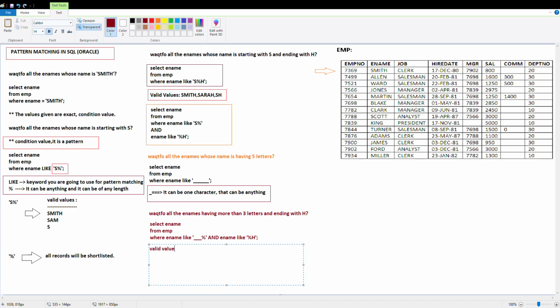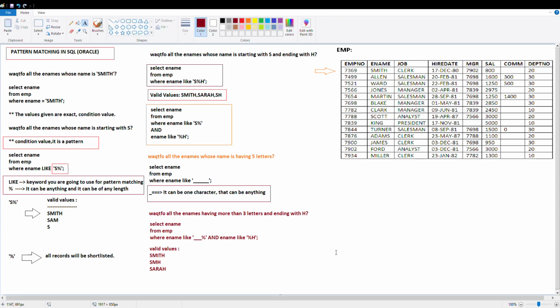Let's say there is a name called Smith. This will obviously get shortlisted, because it contains more than 3 letters and has H. Let's say there is a name called SMH. Will this get shortlisted? Yes. Let's say there is a name called Sarah. Will it get shortlisted? Yes.